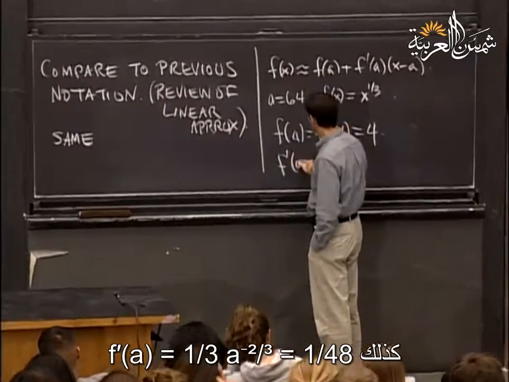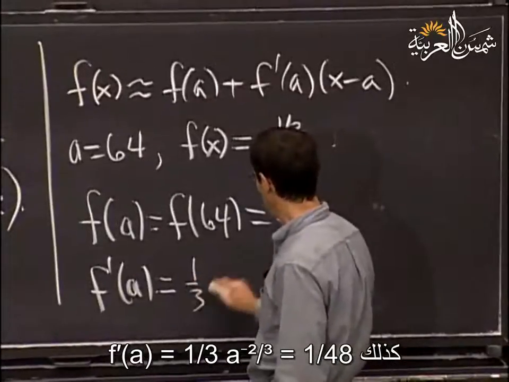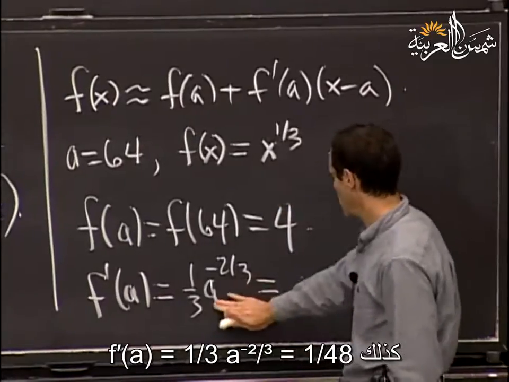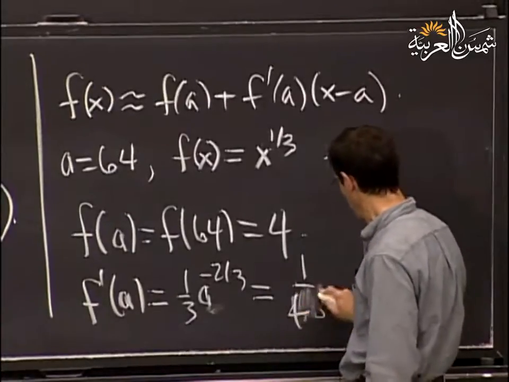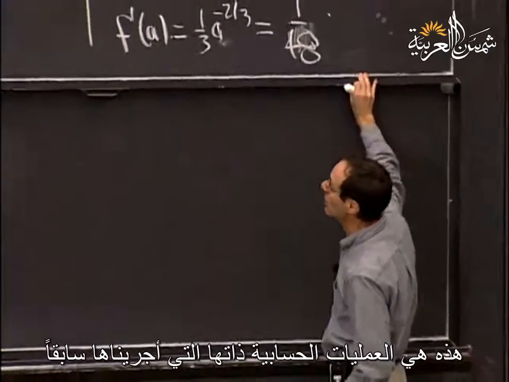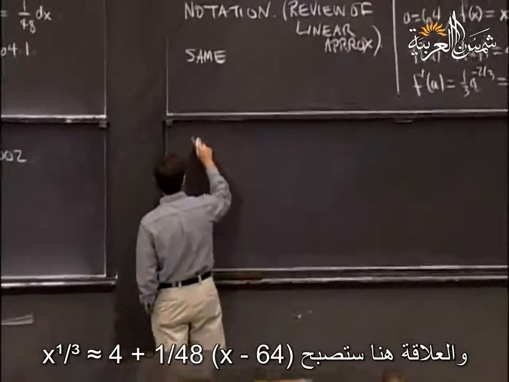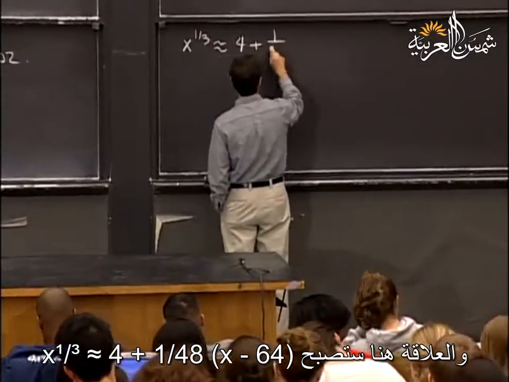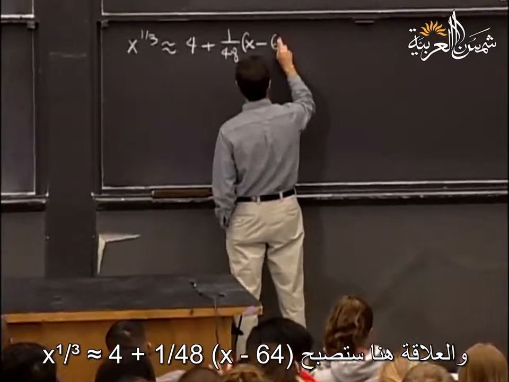And f prime of a, which is 1/3 a to the minus 2/3, is in our case 1/48. Okay, that's the same calculation as before. And then our relationship becomes x to the 1/3 is approximately equal to 4 plus 1/48 times x minus a, which is 64.